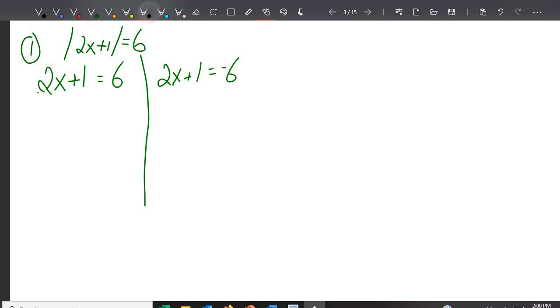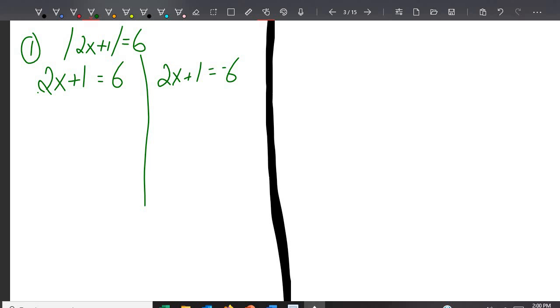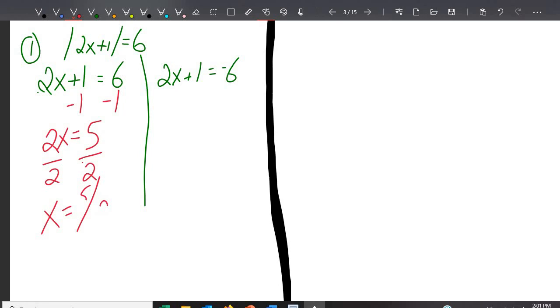Then we're going to solve for x. So here, subtract 1 from both sides. 2x equals 5. Then divide by 2. So one of my answers is 5/2.